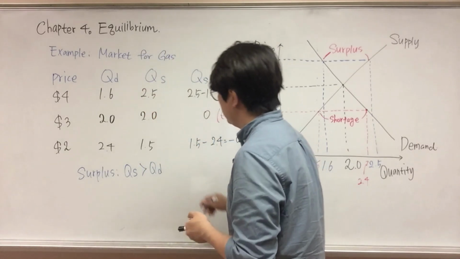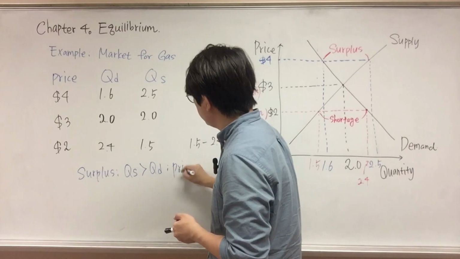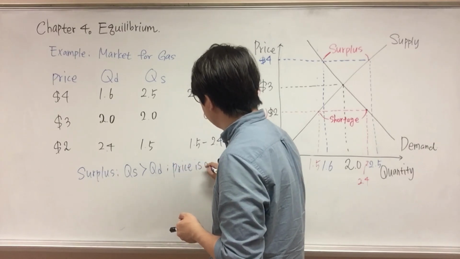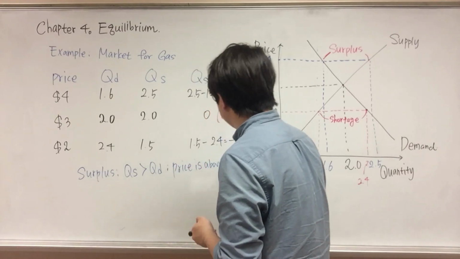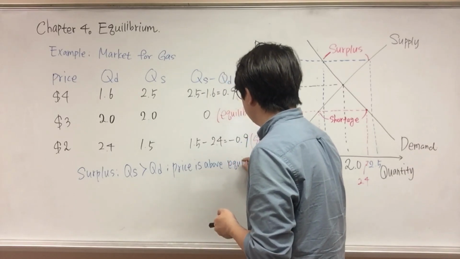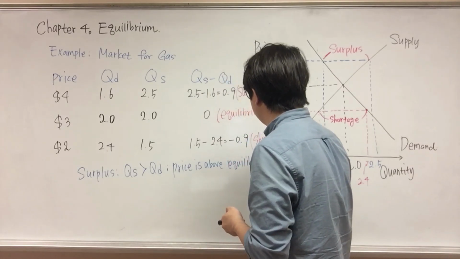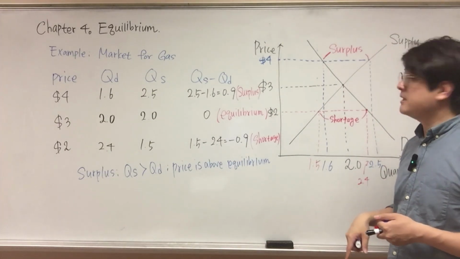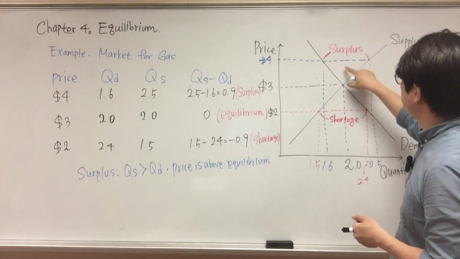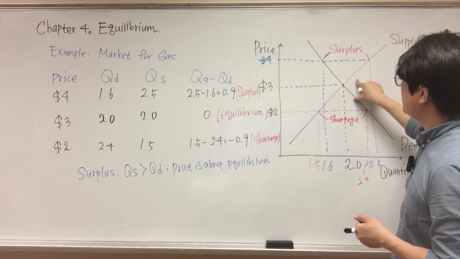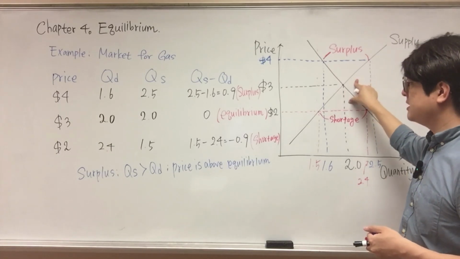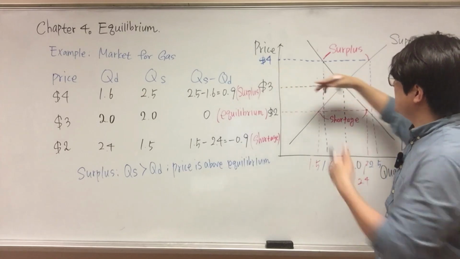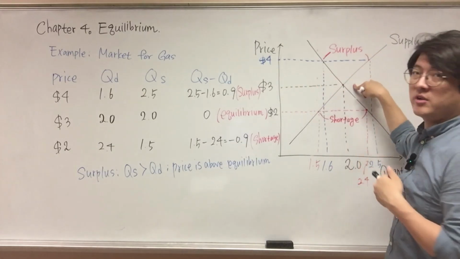In this case, market price is above the equilibrium point. Does it make sense? Let's look at this point. $3 is the market equilibrium point, but $4 is above the market equilibrium price.